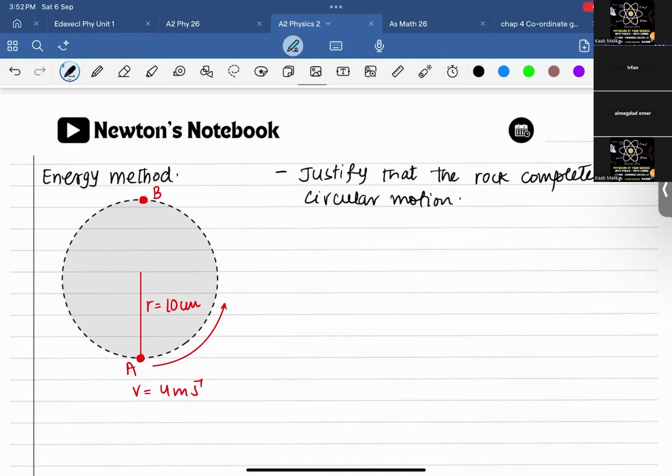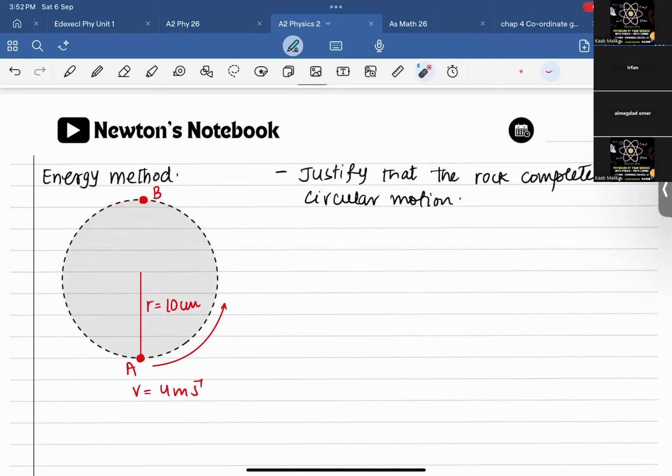So what do you guys do? Any idea? What does the question mean? The question means that we know that at point B, there is a possibility that the object may fall down, or the object can continue in the circular motion. These are the two possibilities at point B, right?